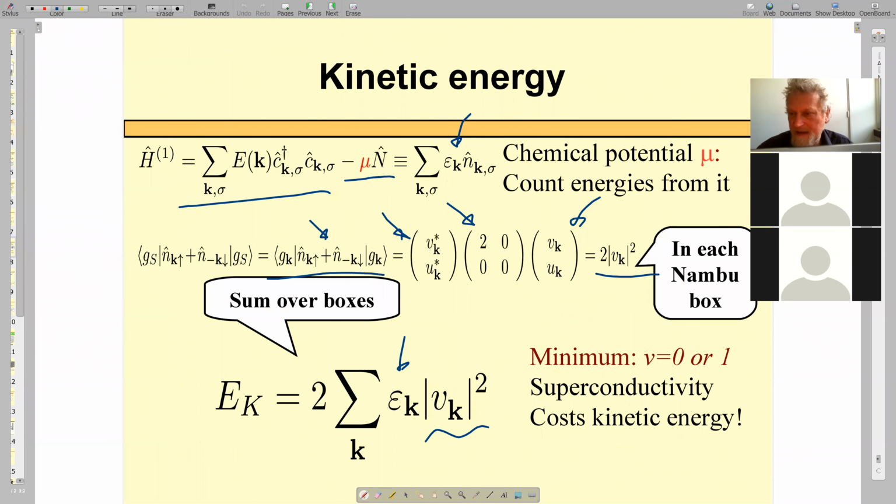That means that we stop at 1, right? And then we just see that if epsilon is negative, below the Fermi level, then the state is filled. Usual non-interacting Fermi gas, no trace of superconductivity whatsoever.